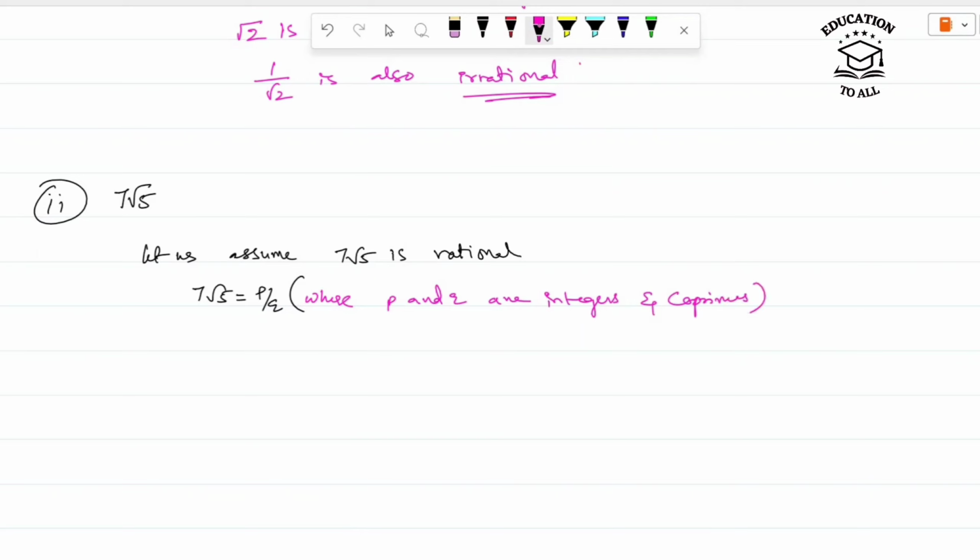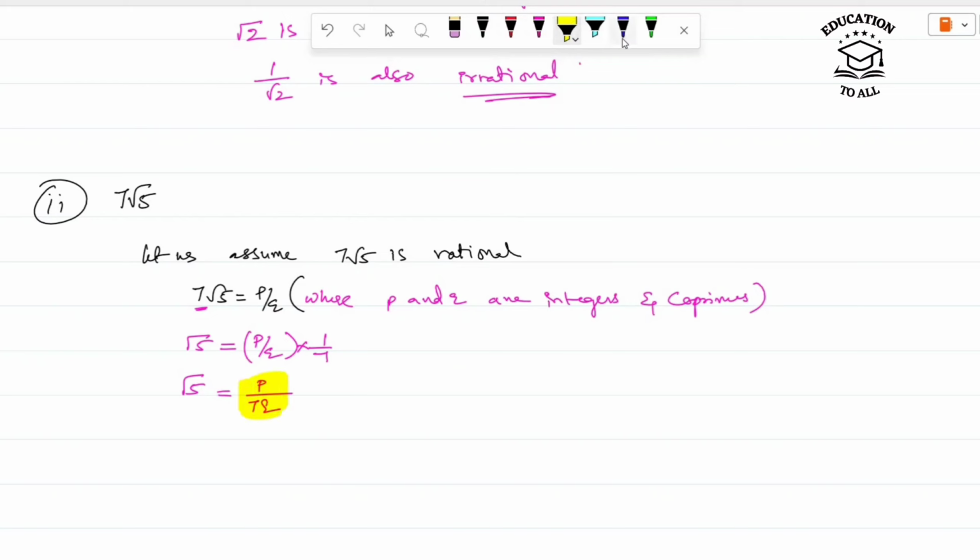Got it? Now this rational number I'm sending to the opposite side. Root 5 is equal to p by q, and it is multiplying, sending to the opposite side, it divides, 1 by 7. Then it leads to root 5 is equal to p into 1 is p, and 7 into q is 7q. It is very important to understand.